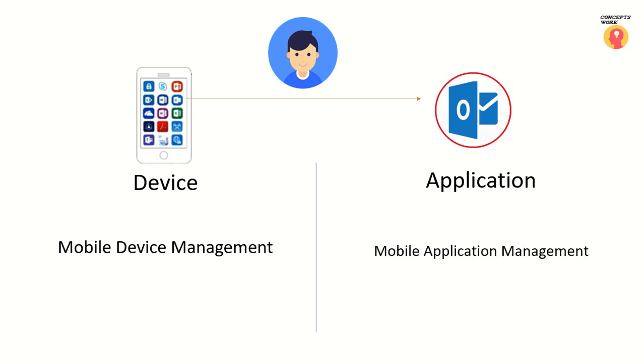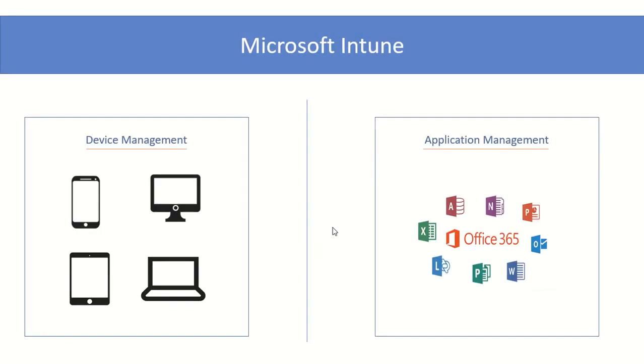So now, a proper definition: Microsoft Intune is a service offered by Microsoft which will help you to manage devices as well as applications on those devices by keeping the data protected and secured. So these are the two components which belong to Microsoft Intune.